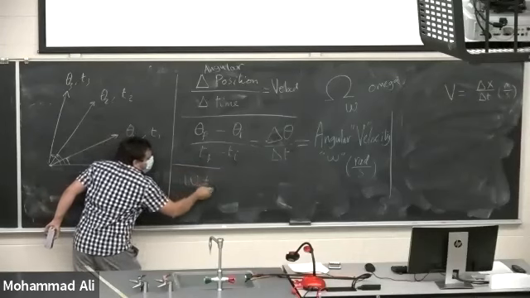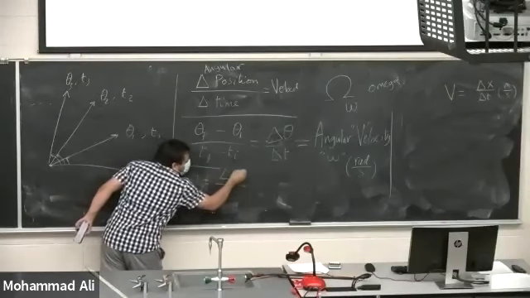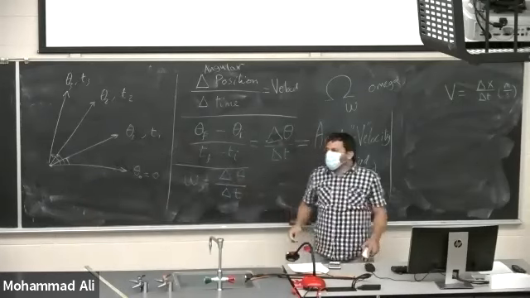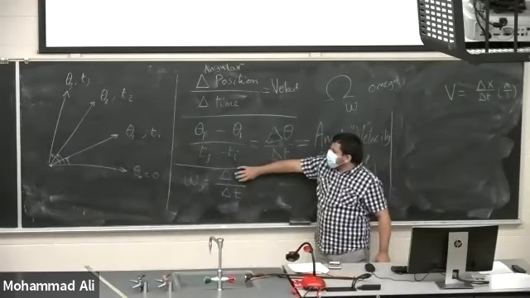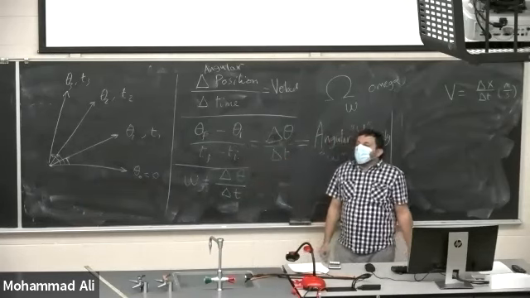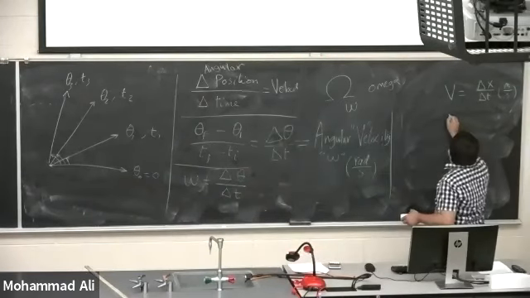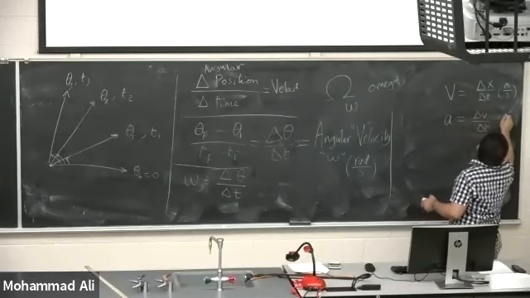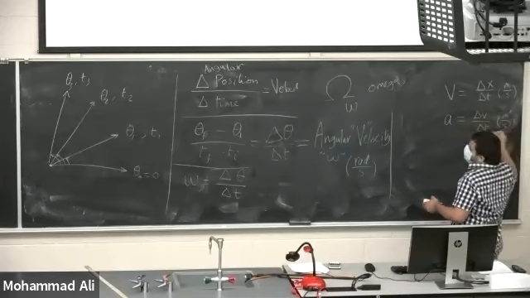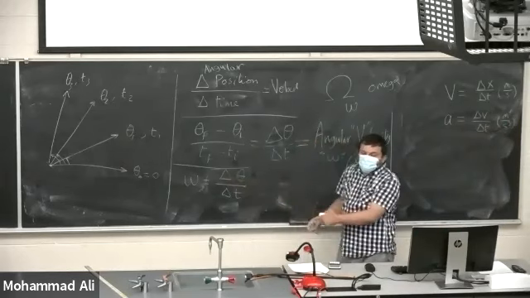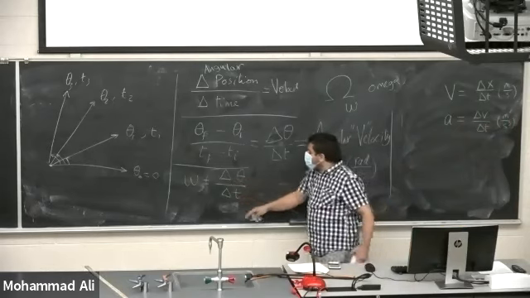Omega is equal to delta theta over delta t. This is the same. Remove this, put x, it will be delta x over delta t. Previously we know that the acceleration is equal to delta v over delta t, meters per square second. We know that. This is the average because it is delta over delta.